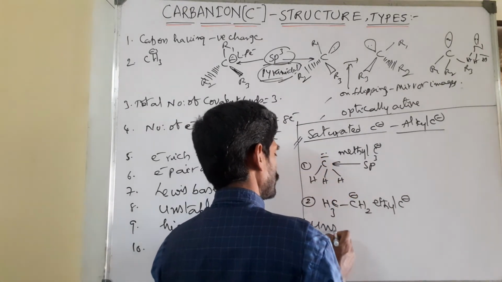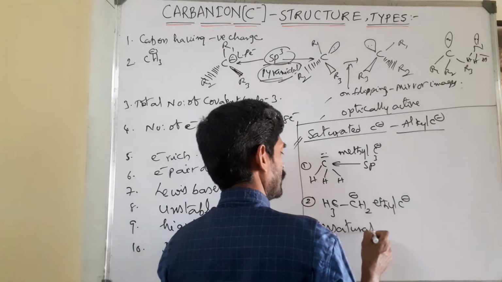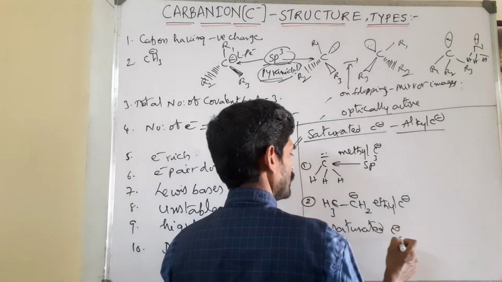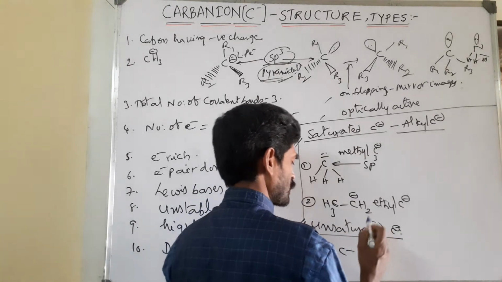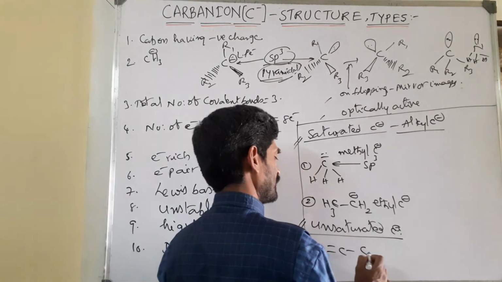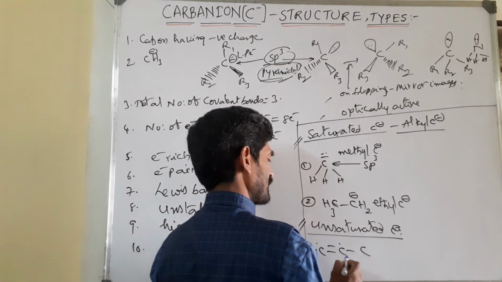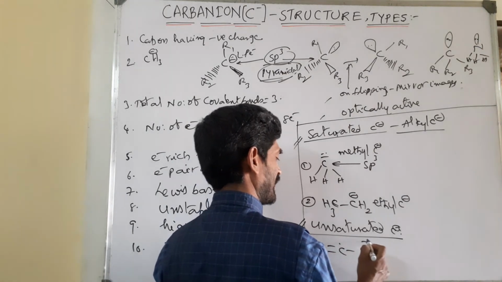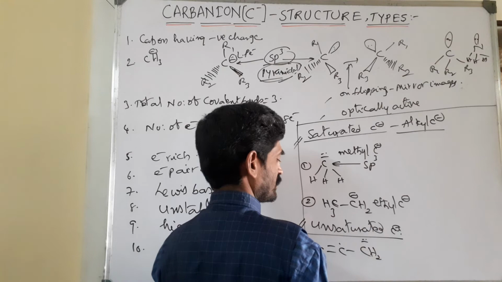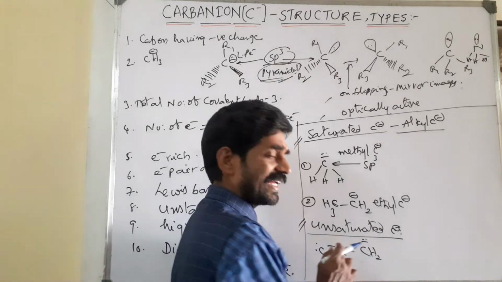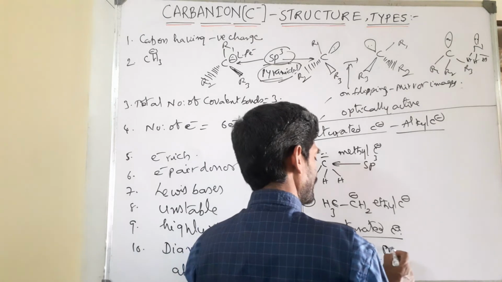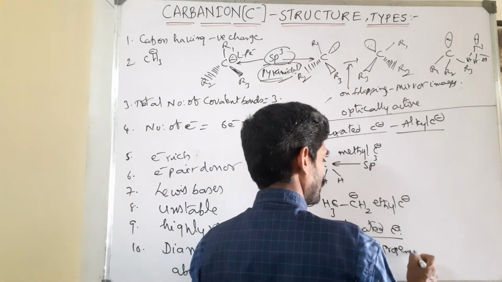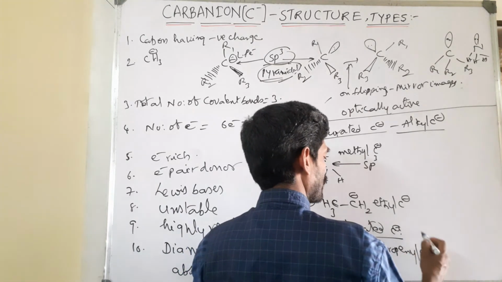Then unsaturated carbanions. Take three carbons with a double bond, CH2, CH, and CH2 minus, right? Three carbons are there. It is a propenyl carbanion, an alkene.